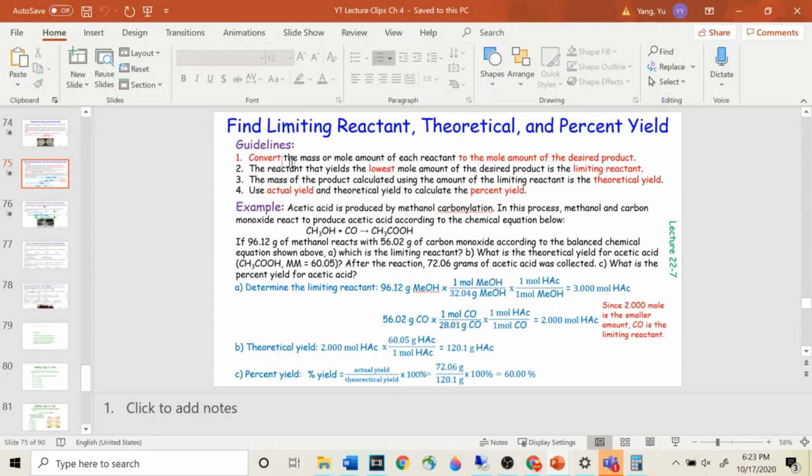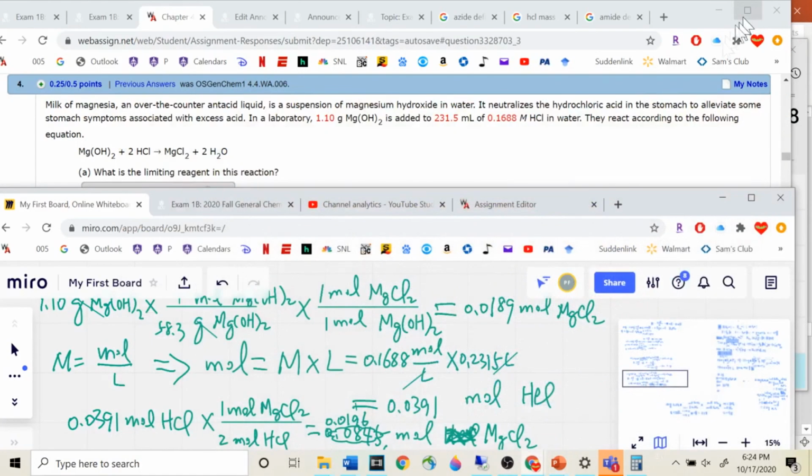That's what we did. We converted the mass or mole amounts of both reactants to the mole amount of the desired product. The reactant that yields the lowest mole amount of the desired product is the limiting reactant. So that's why we just determined Mg(OH)2 is the limiting reactant.